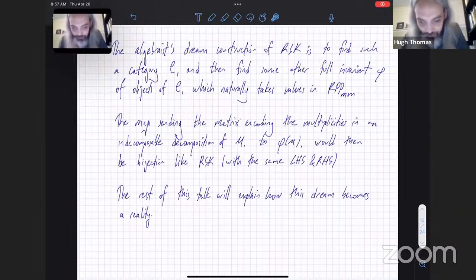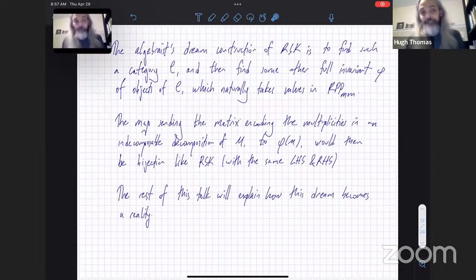So we were looking at a category. An object in the category we can encode just as the multiplicities of the indecomposable objects. So we can think of an object in the category as defining an m by n matrix of non-negative integers, the multiplicities.